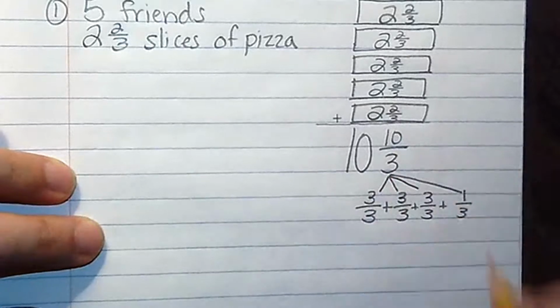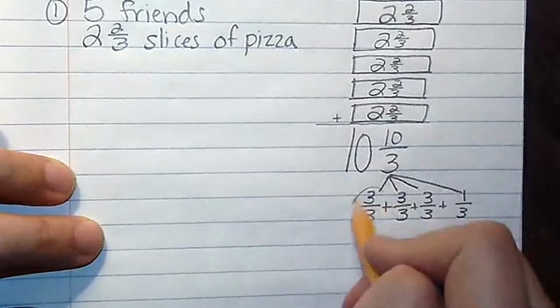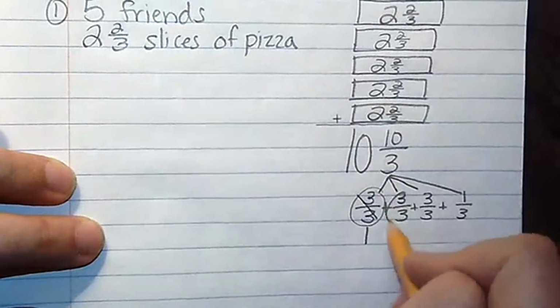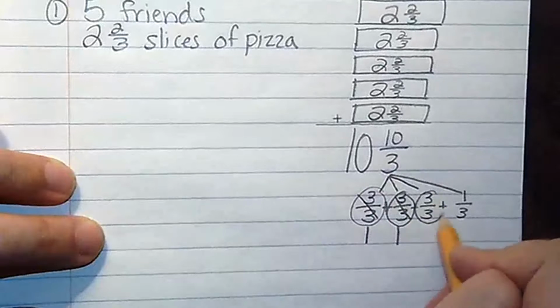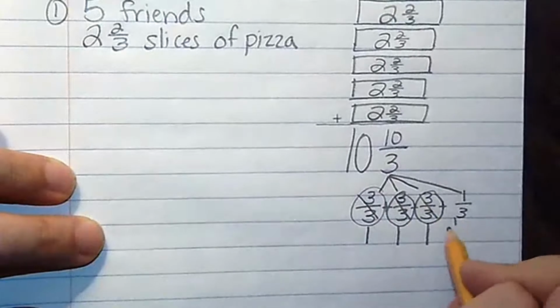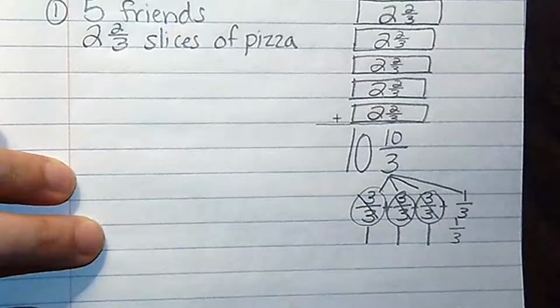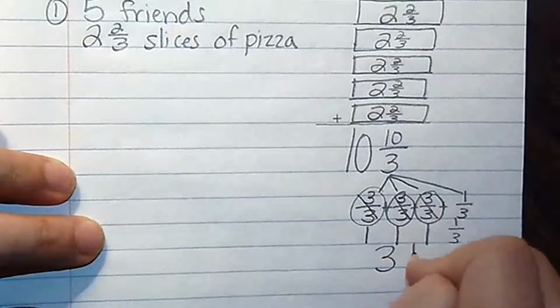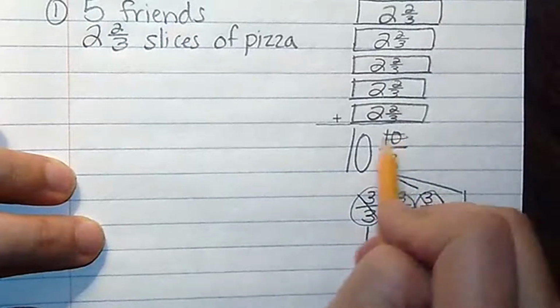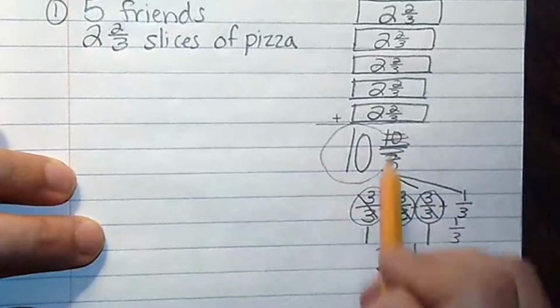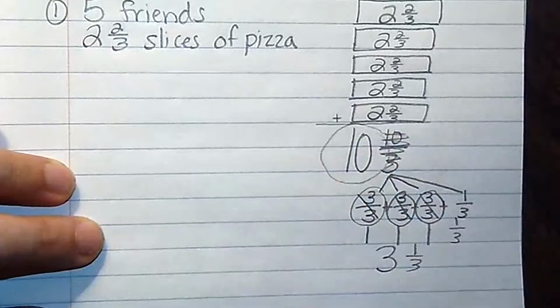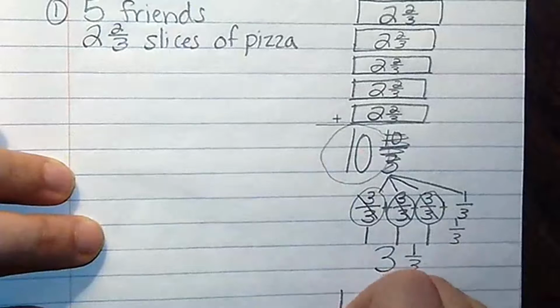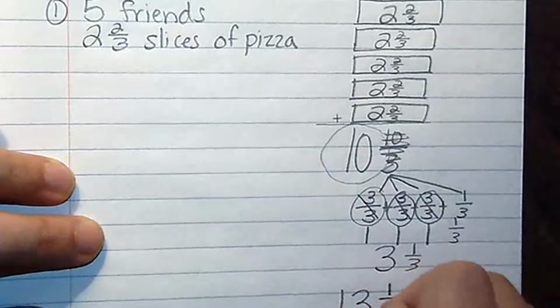Plus 1/3 more. Well, let's see here. 1, 2, 3, and I've got 1/3 left. So now I have 3 and 1/3. I renamed this, but don't forget about my 10. What's 10 plus 3 and 1/3? My answer would be 13 1/3.